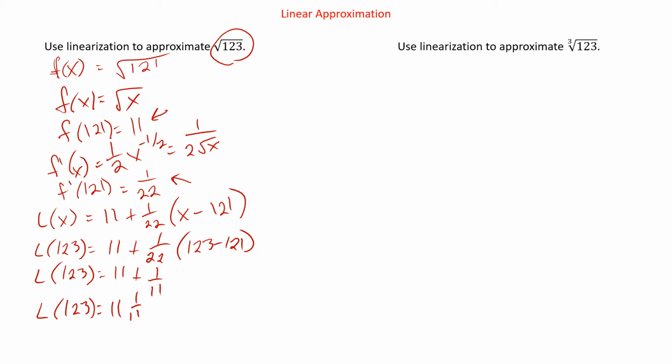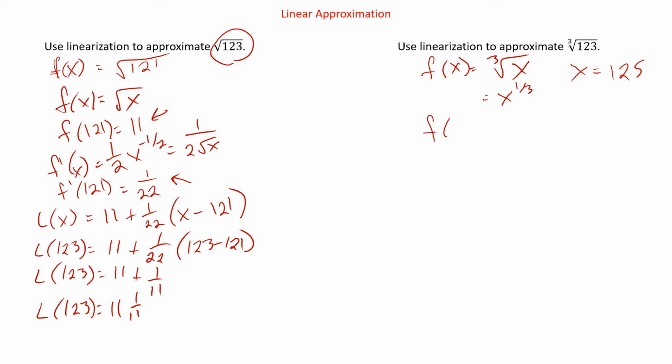Right? Another one, this one has a cube root. So we're going to say f of x equals the cube root of x. And we're going to use, when x equals, what's a cube root close to 123 that is easy? 125. So instead of using 121, we'll use 125. So the cube root of x is x to the 1/3.